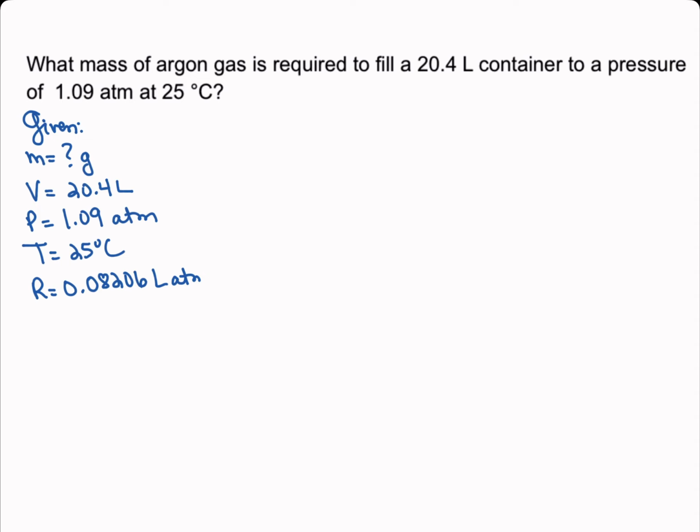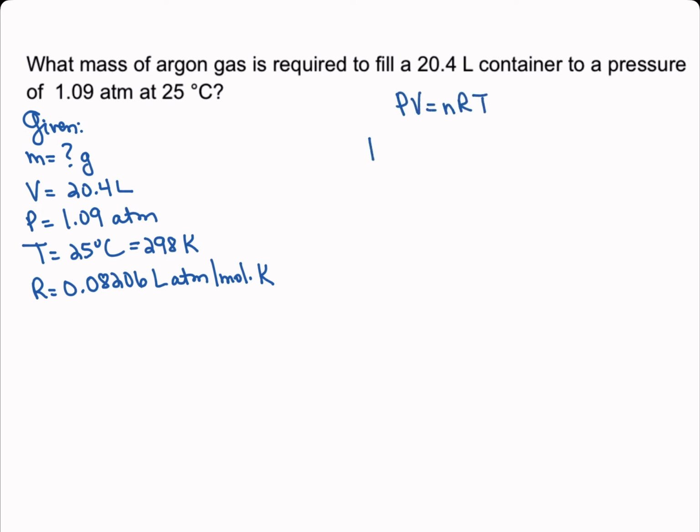I take a look at my units and I see that temperature is in Celsius and it needs to be in Kelvin. So I'm going to add 273 to my Celsius temperature to give me my Kelvin temperature. Now I have all my factors in the correct units. I can go ahead and plug into the ideal gas law, which is PV equals nRT.